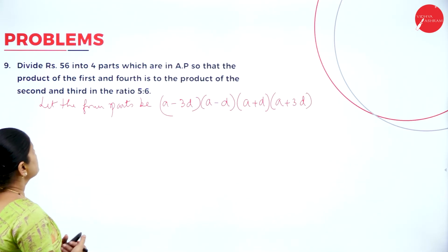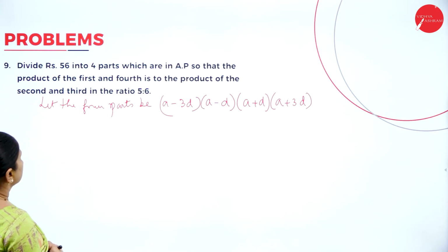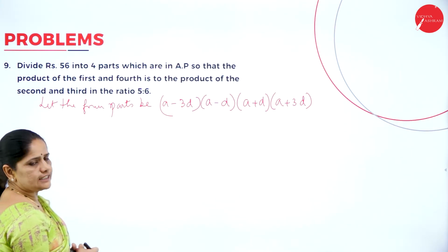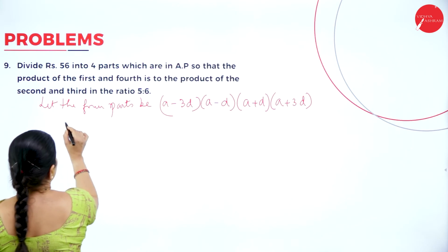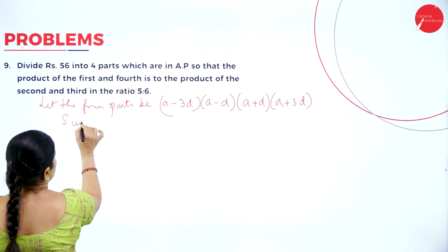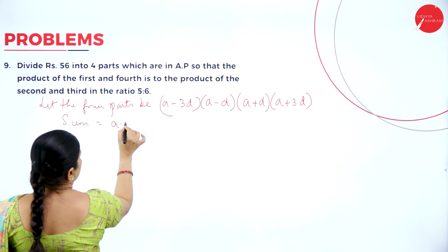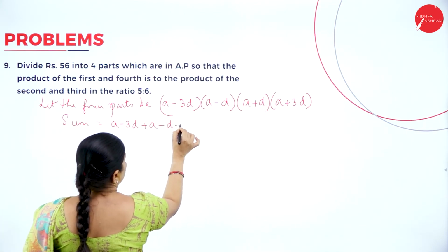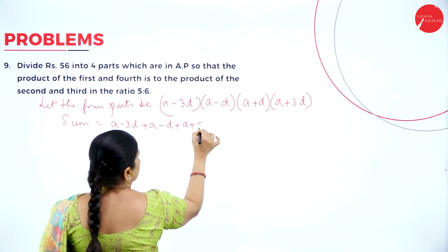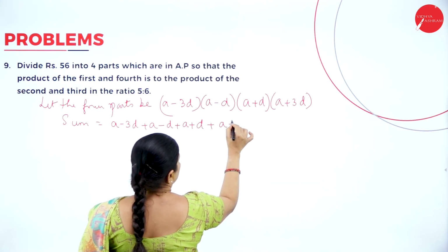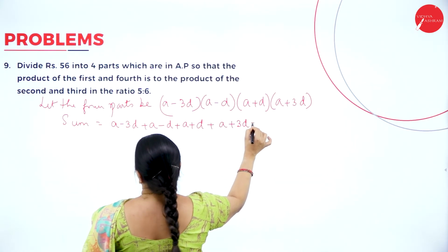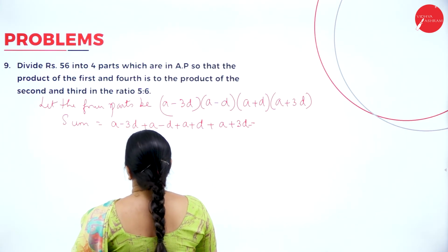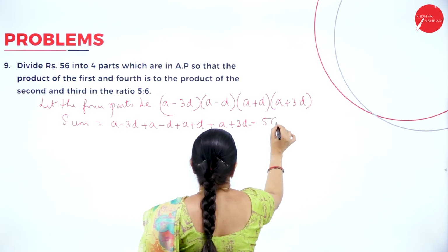Now, sum equals A minus 3D plus A minus D plus A plus D plus A plus 3D equals 56.